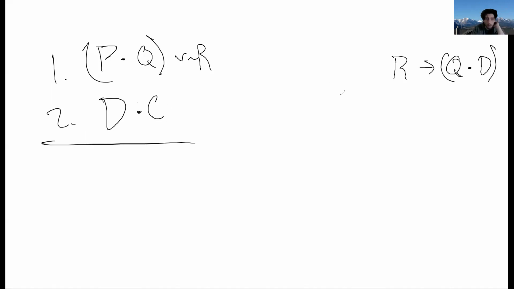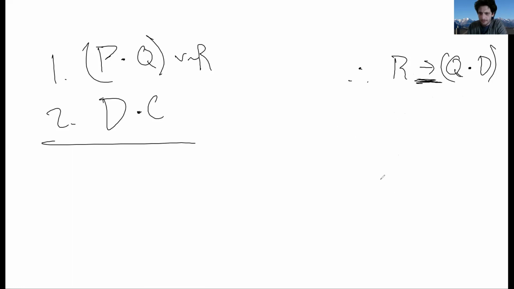But my recommendation as the first thing to do each and every time is to look straight to the conclusion first and ask yourself, is the main operator a conditional? Here, it is, and obviously it's going to be because I'm showing you examples of conditional proofs.